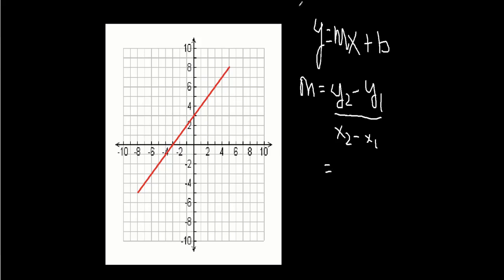And let's say we take 2 points on our graph. Those could be this point here and this point here. So this point here is 3, 6. This point here is 1, 4. So we're going to now label y2 and y1 and x2 and x1.